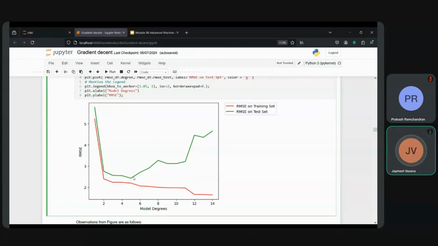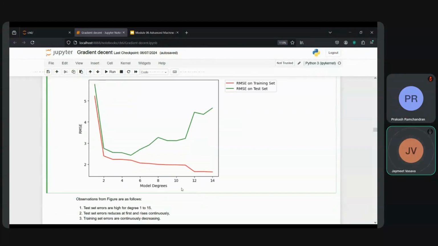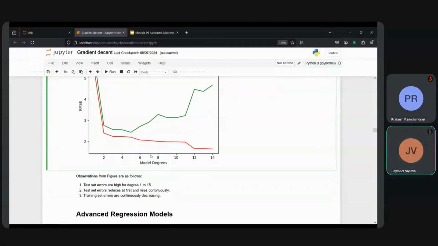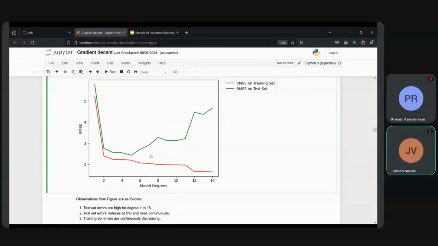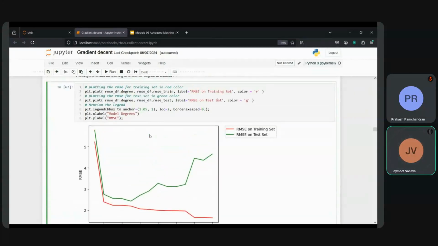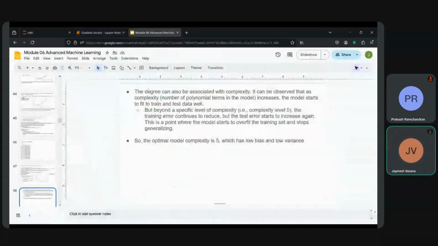At degree 5, the test set as well as the training set were both declining. But after degree 5, the test set error starts to increase again, while the training set keeps on reducing the error. Because of that, we decided to go with the value of 5 for the degree.